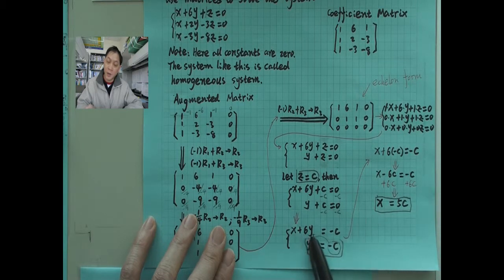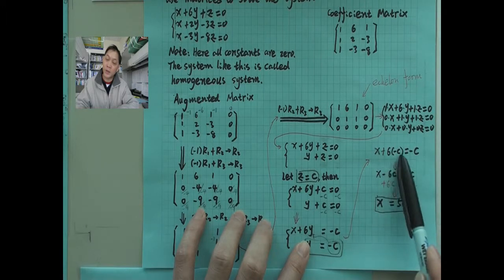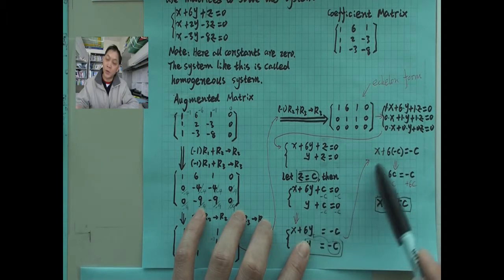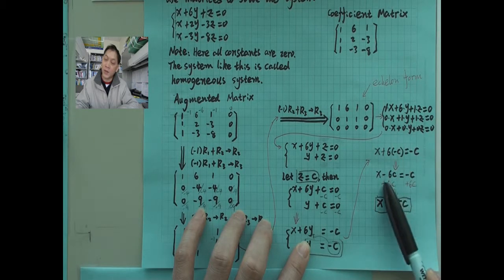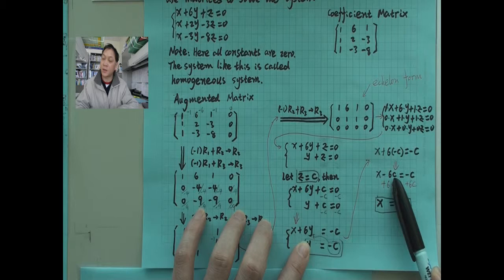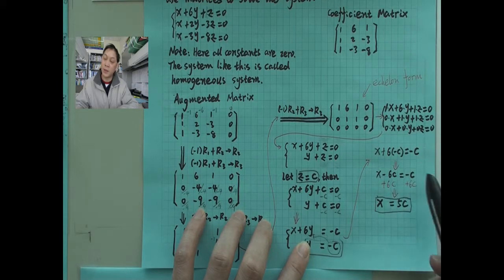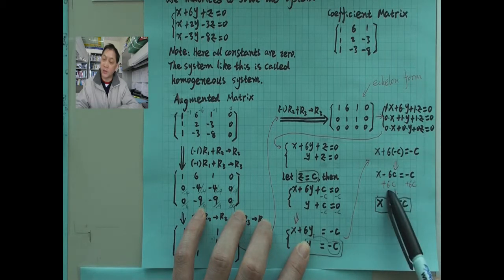That would be 6 times negative c, because y is negative c now. Okay, so 6 times negative c is right here. x, you copy it, equals negative c. Now, 6 times negative c is negative 6c. Okay, and then what we have is both sides add on positive 6c, so you can cancel positive negative.